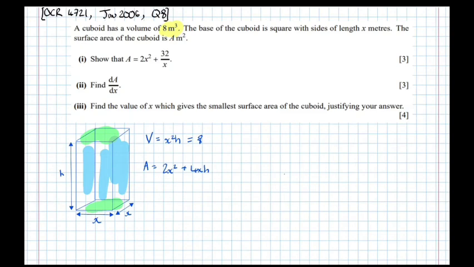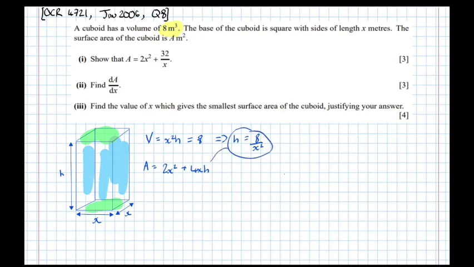And then after that, we don't want the h, we want the x, because we want the equation to just have x and not h. So we rewrite the equation from x squared h equals 8 to h equals 8 over x squared.